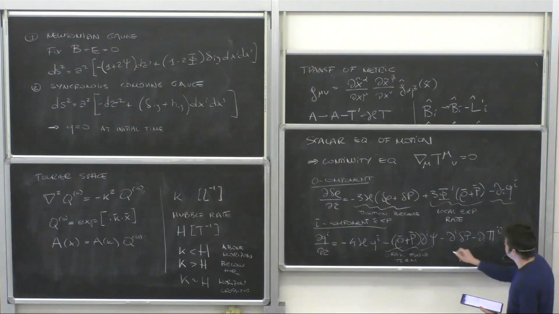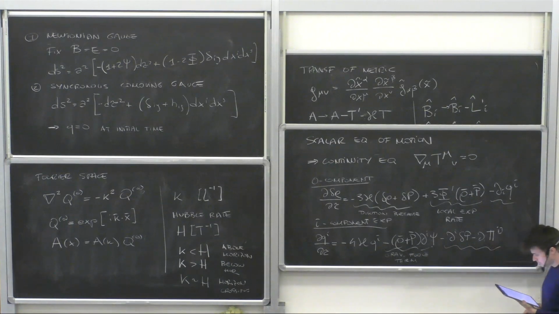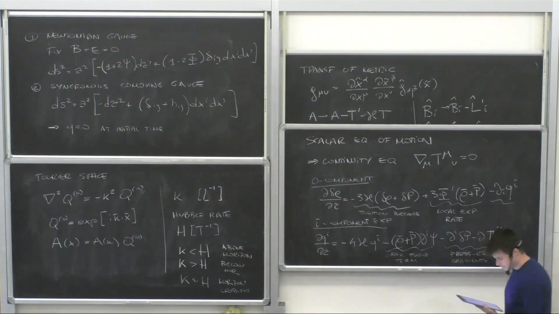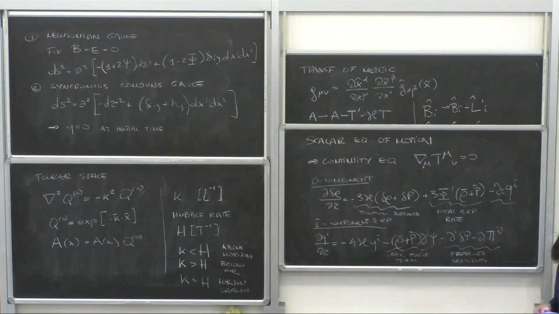And then these last two terms are pressure gradients. You have scalar pressure gradients, you have anisotropic stresses, but basically these are all pressure gradients. Now you may find these equations recast in every possible way.